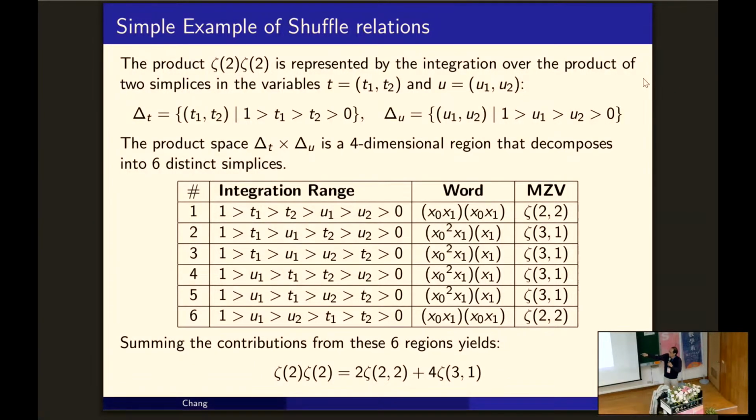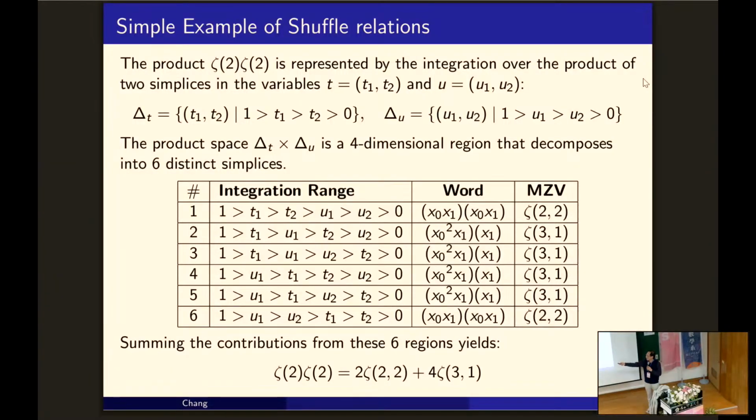The integration region becomes the product of the t-simplex and the u-simplex, and with the ordering restrictions, we divide this region into distinct regions. There are 6 possibilities, just like shuffling poker cards. This is the so-called shuffle relation.